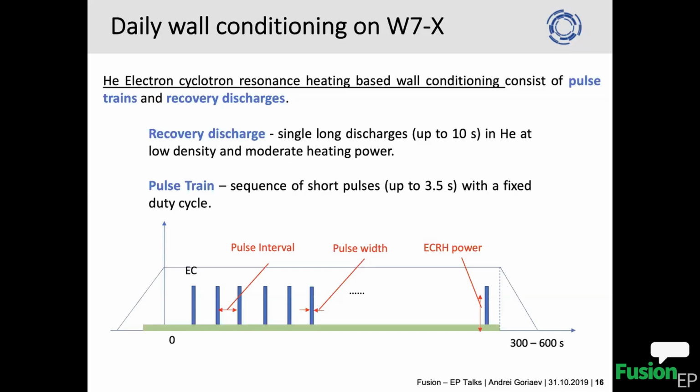You go from one type of discharge to another, play with it, and try to understand what is best to desaturate the wall from fuel or to remove impurities. There are plenty of variations. You can have pulsed wall conditioning, different magnetic field configurations, different types of discharge. In other devices it's possible. In W7-X, no, we are limited. I hope it's clear.